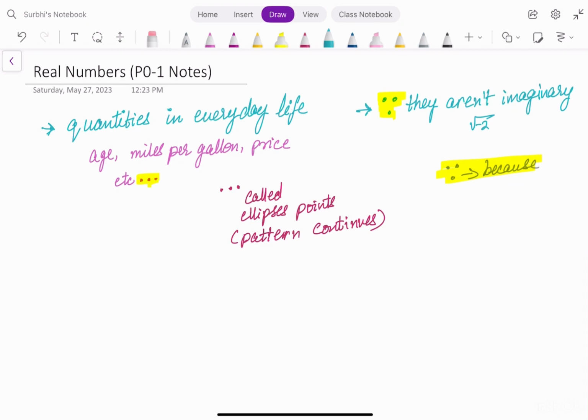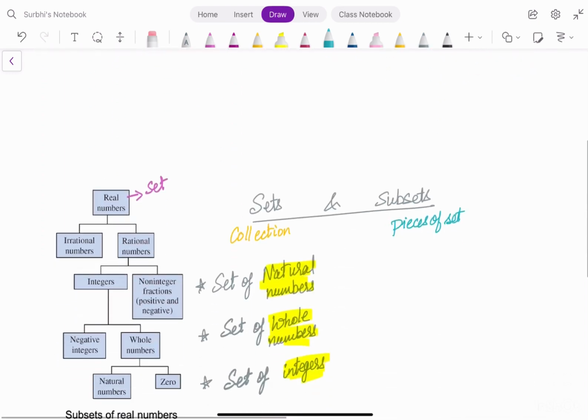So as I was saying, the real number is a big picture, and under it there are many things. There are positive numbers, there are negative numbers, and 0 is also included in the real numbers, right? Then we are talking about something called, you might have heard about them, the rational numbers, irrational numbers, integers.